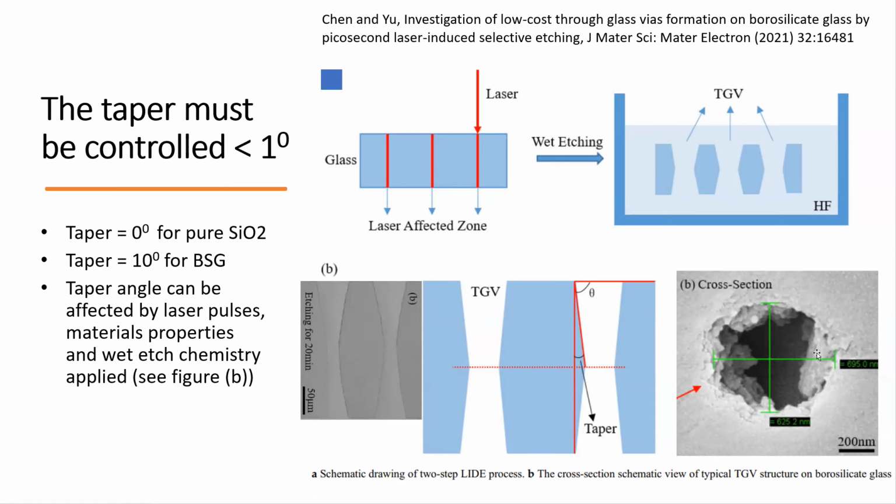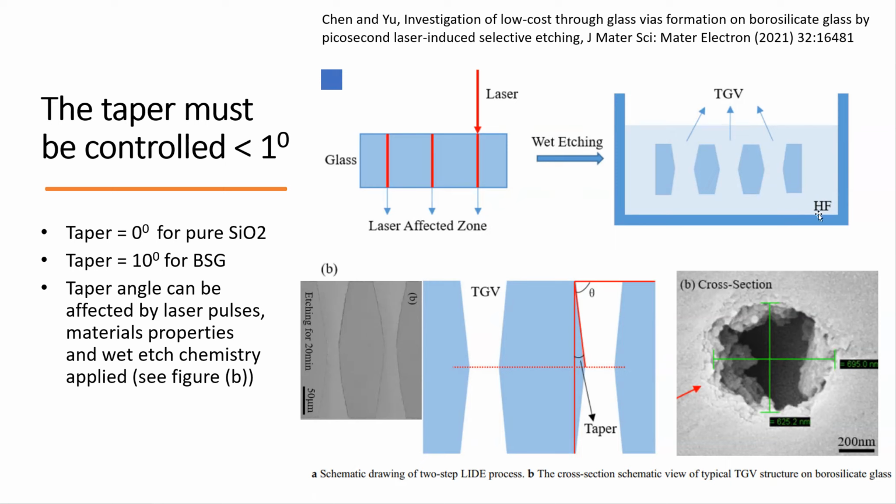And this is the hole. When you initially blast it with the laser, this is what happens. You see an irregular shape. Many things happen at the same time, and there is damaged glass inside the hole. And then you dip it in the acid, and if you control it properly, it will etch only the damaged area, but not the other part.